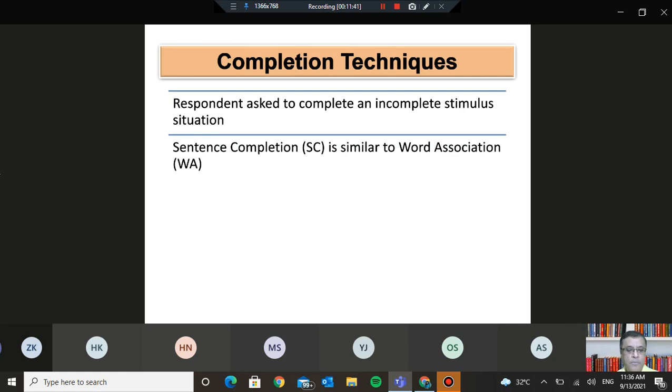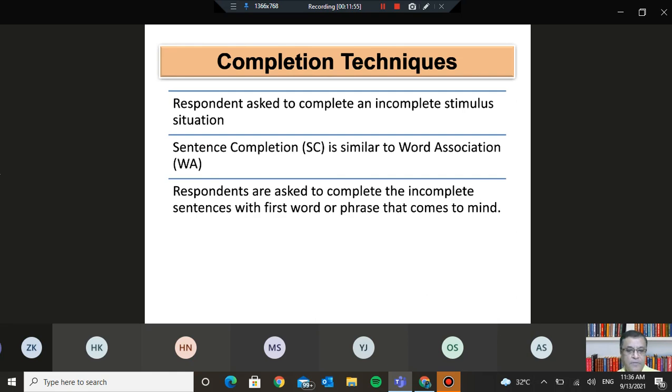The different names that we give to these techniques are sentence completion techniques, or word association techniques, which we have already shared. This sentence completion technique, in some ways, is similar to word association, but the difference here is that we are giving the liberty to the subjects to complete a particular sentence, so that more things can be revealed, more things can be uncovered by us as researchers.